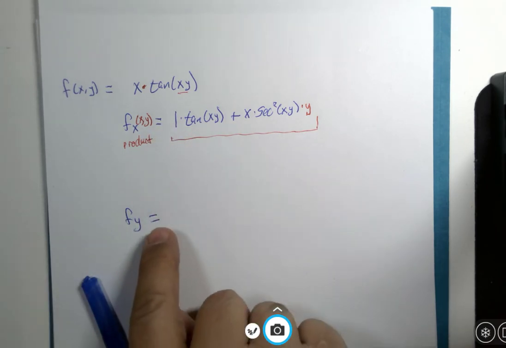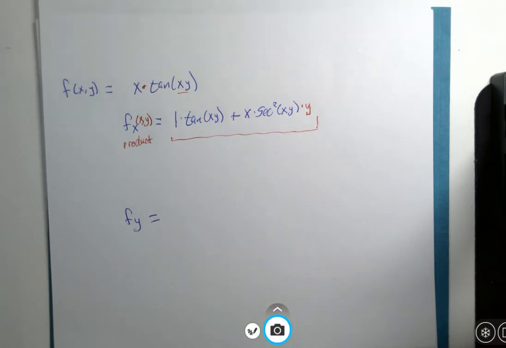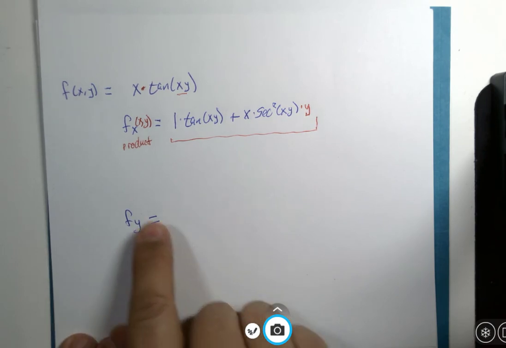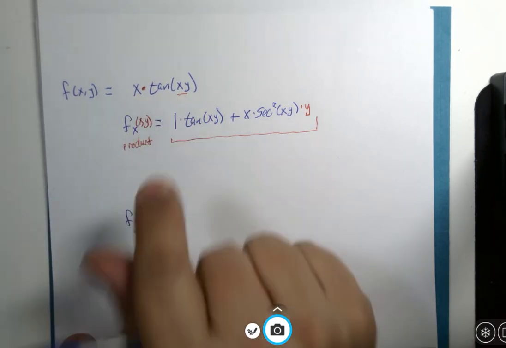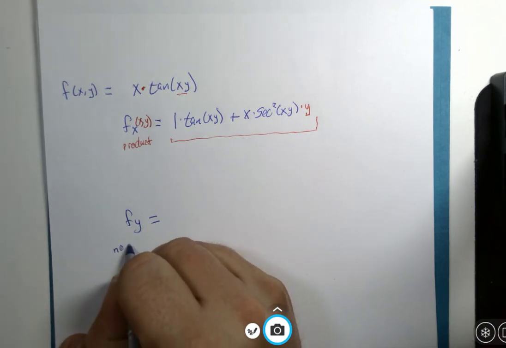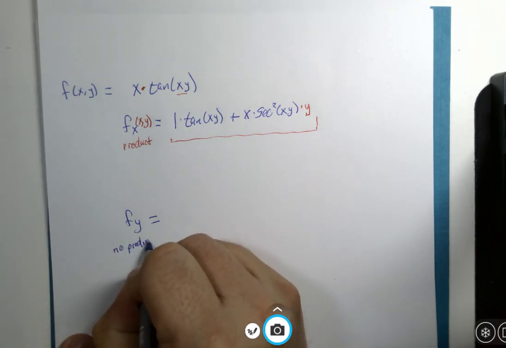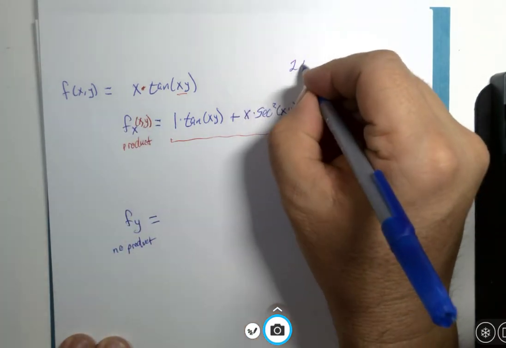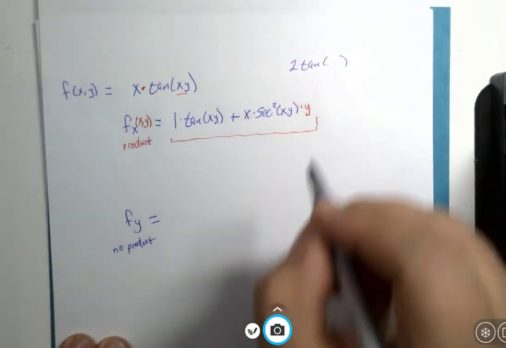So, partial derivative. If y is the variable, that was the time to pause me, just so you know. There is no product. This is just a constant. It's like having a 2 in front of the tangent.